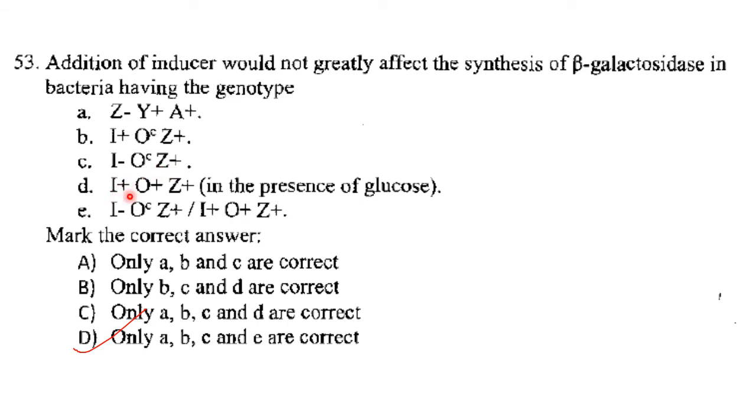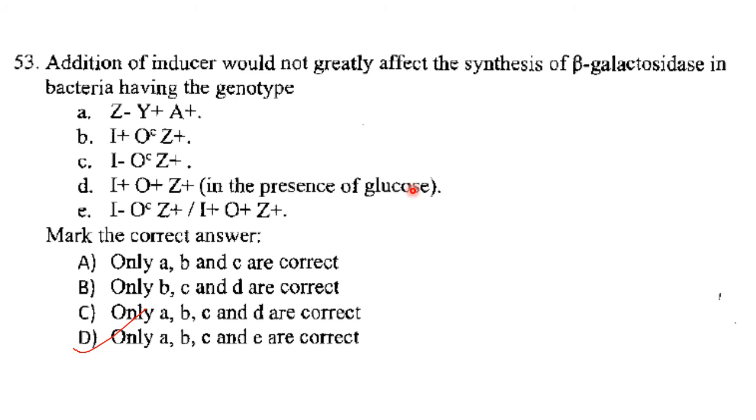Next one, I plus O plus Z plus in the presence of glucose. So here the repressor remains bound to the operator. The operator is not mutated, it is O plus. So the repressor is bound to the operator, and cAMP will not bind to the CAP.